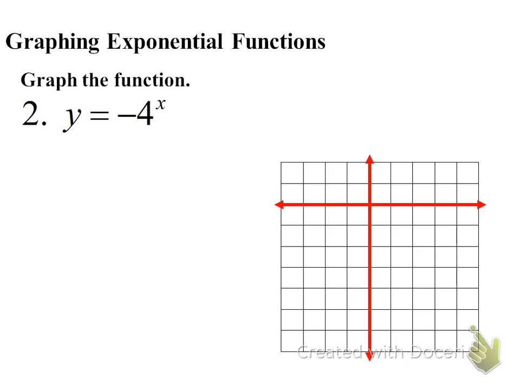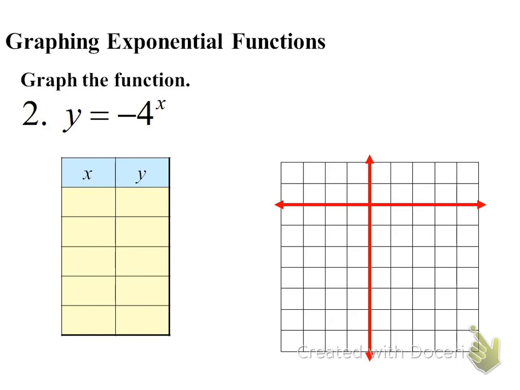It's not in parentheses, the negative 4. So A in this case is negative 1, so I know my y-intercept is going to be negative 1. I also know, like Sydney said, that all of my outputs should be negative. If the A is negative, all your y values are negative. If A is positive, all your y's are positive. The x-axis should still be my asymptote here.